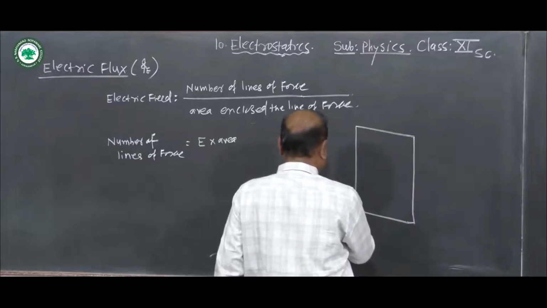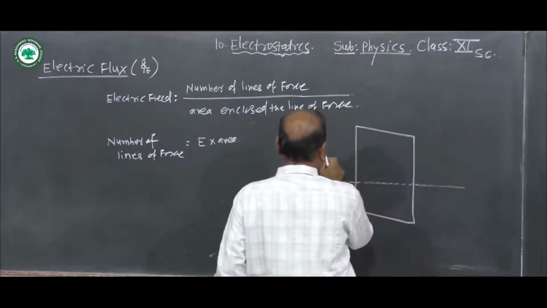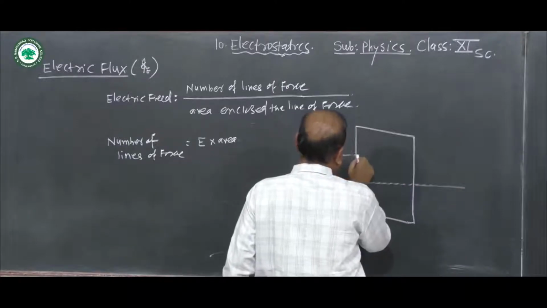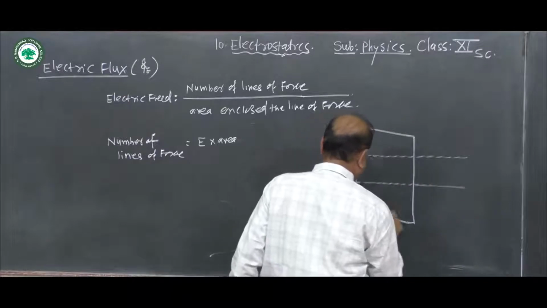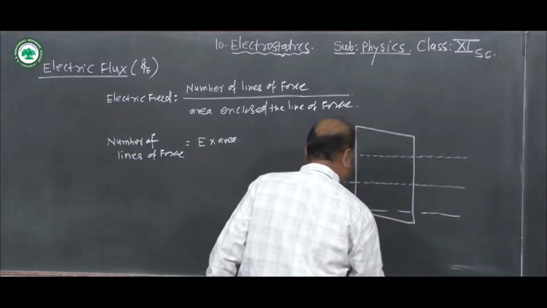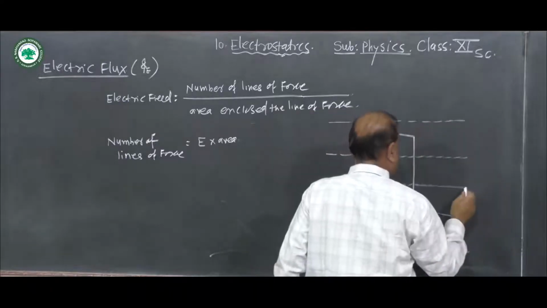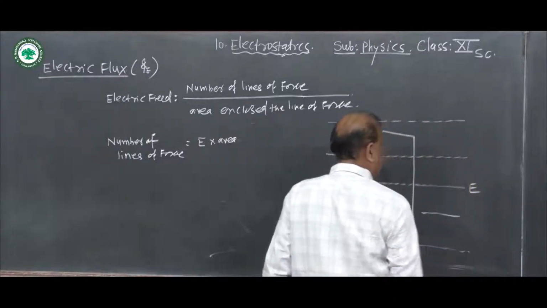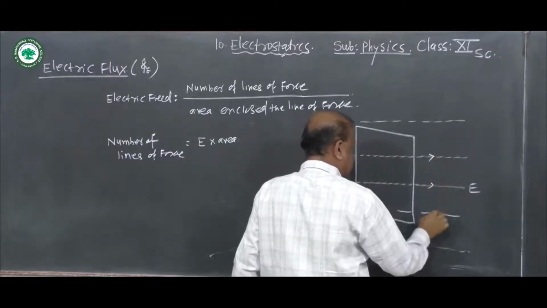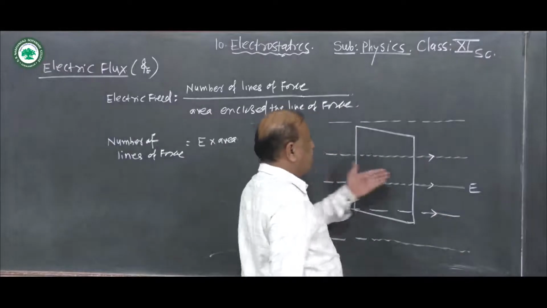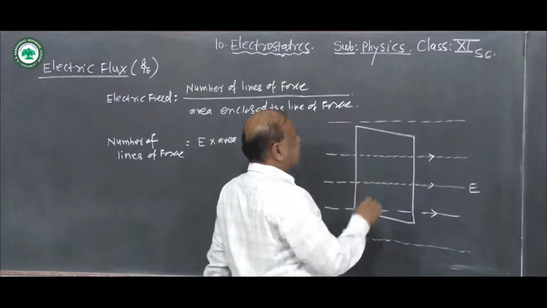This surface is placed in a uniform electric field. This electric field E is directed like this, and this is the surface area.